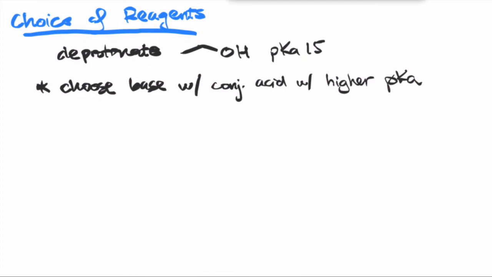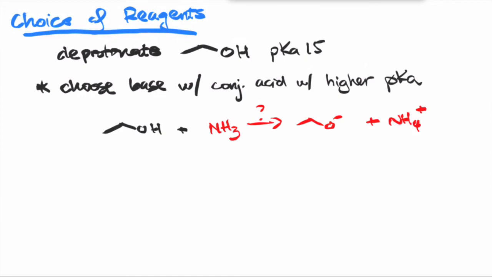So let's say, for example, you want to use ammonia to deprotonate this molecule. Will this reaction work? All right, so remember, your base is ammonia here, and its conjugate acid would be this protonated ammonium ion. What's the pKa of this protonated ammonium ion? We said it was around 10, right? So which is a lower pKa than 15. So actually this will not work.